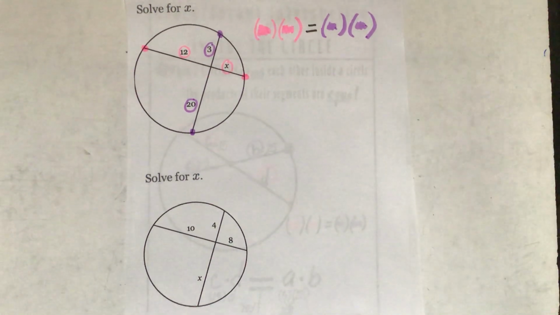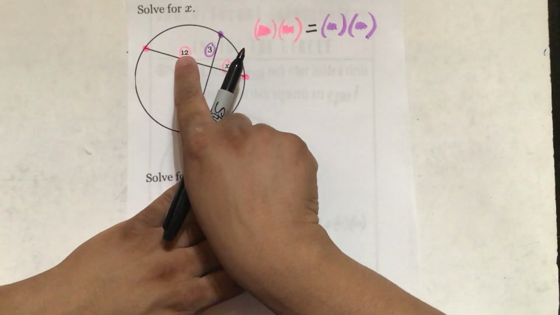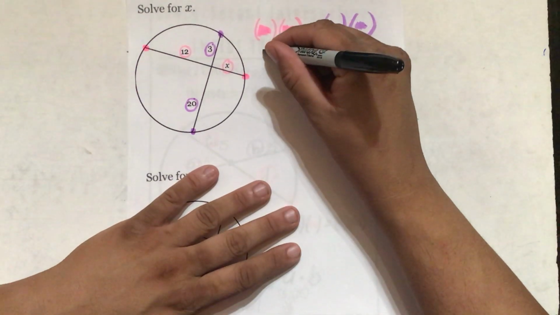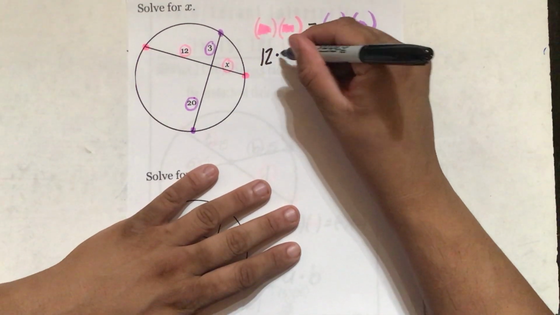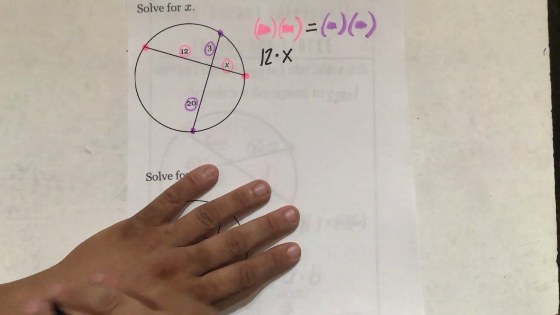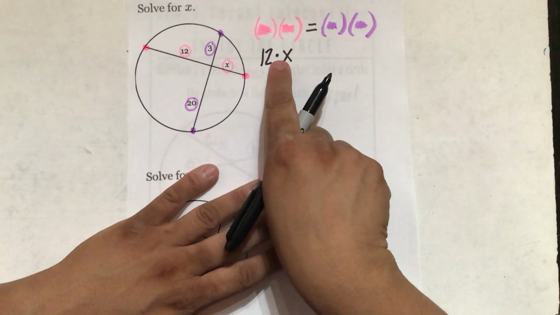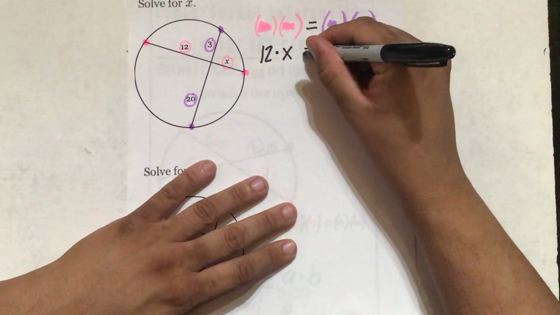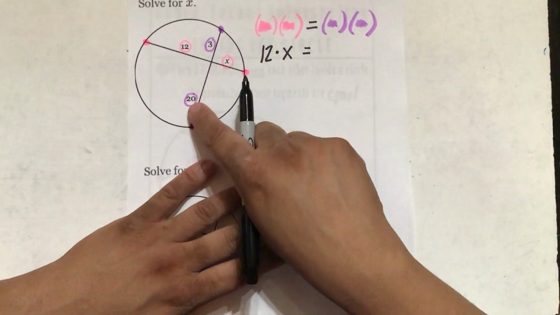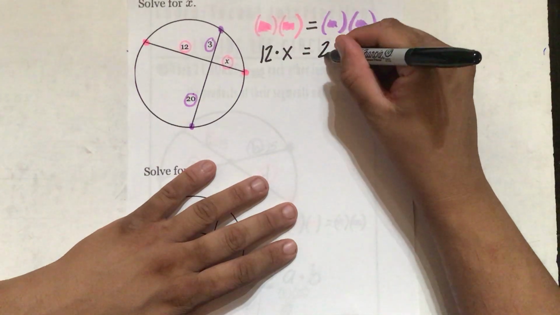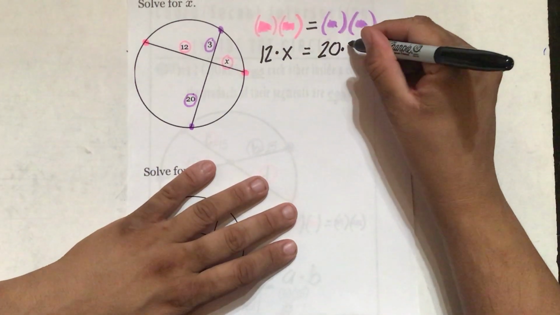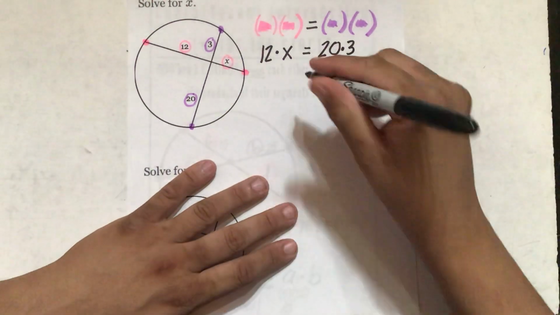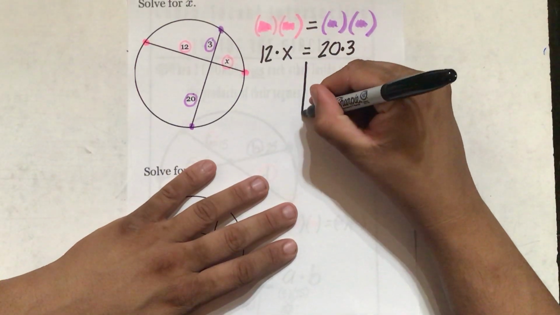What are the two pinks? 12 and x. So we say 12 times x, right? Parentheses means times. The little dot means times as well, right? Is equal to purple times purple, 20 times 3. So we draw our line of separation here.